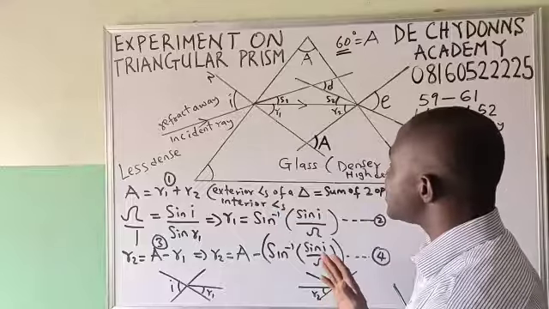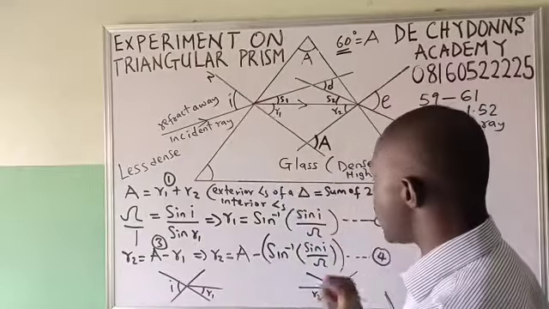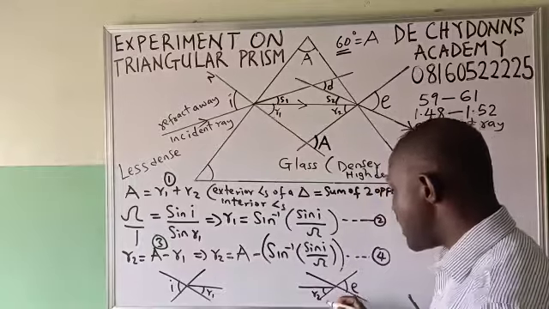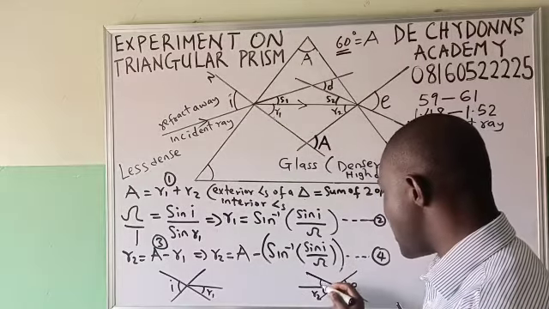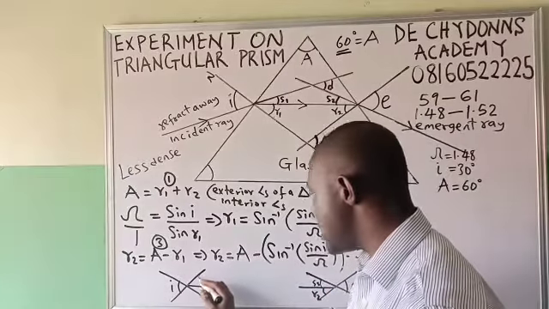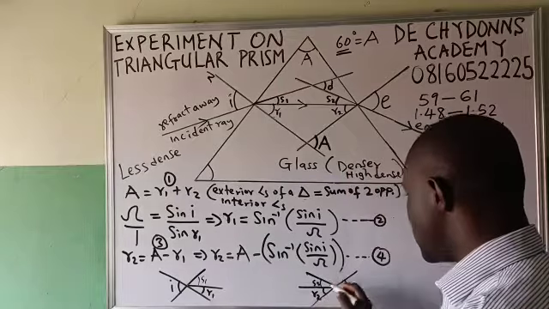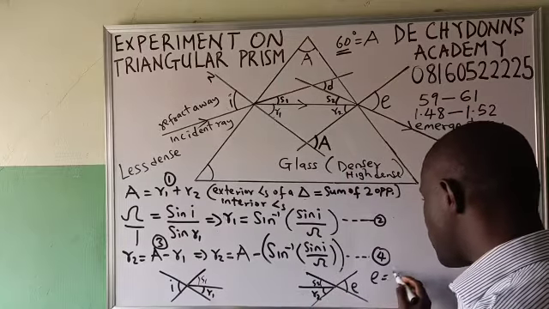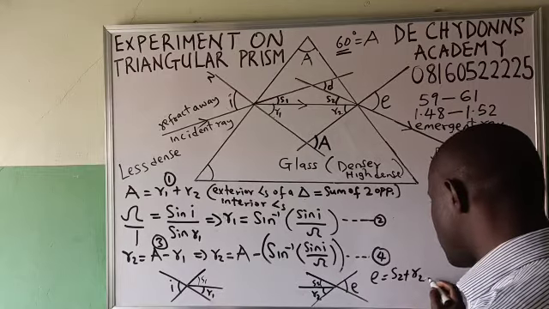Recalling that rule that vertically opposite angles are equal, applying it here, if here is S2 and here is S1, that means E will be equal to S2 plus R2.